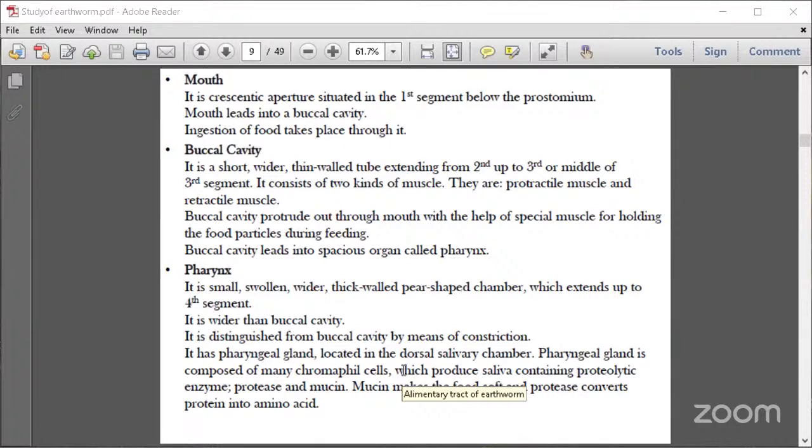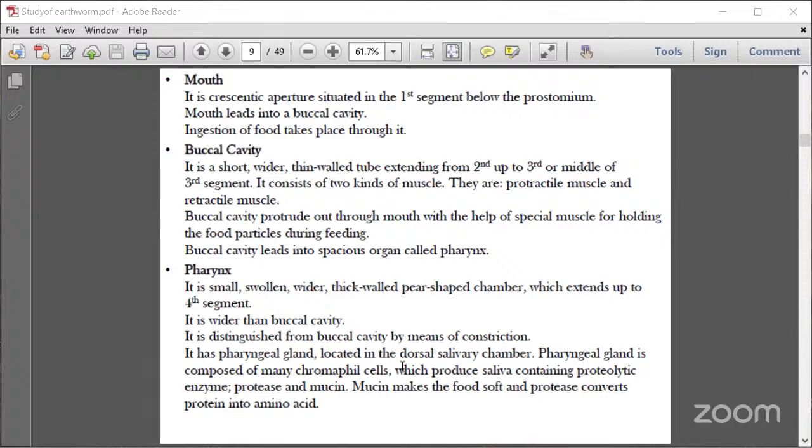Buccal cavity leads into a spacious organ called pharynx. A pharynx is a small and swollen, wider, thick-walled, pear-shaped chamber which extends up to the fourth segment. It is wider than buccal cavity. It is distinguished from the buccal cavity by means of constriction.